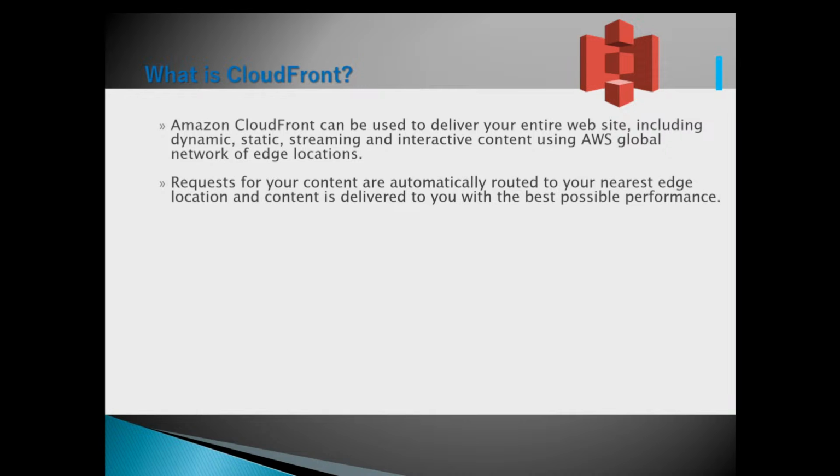Requests for your content are automatically routed to your nearest edge location and the content is delivered to you with best possible performance. Now, अगर आप yesterday और in the previous session हमने देखा था कि S3 से हमने वेबसाइट होस्टिंग करी थी, रिमेंबर? Let's assume that your whole data is hosted in S3, right? अब S3 से अगर आप कर रहे हो तो S3 पे लोड आएगा, S3 से स्लोनेस आएगा, लेटेंसी आएगा, दैट कैन बी द पॉसिबिलिटीज, राइट?